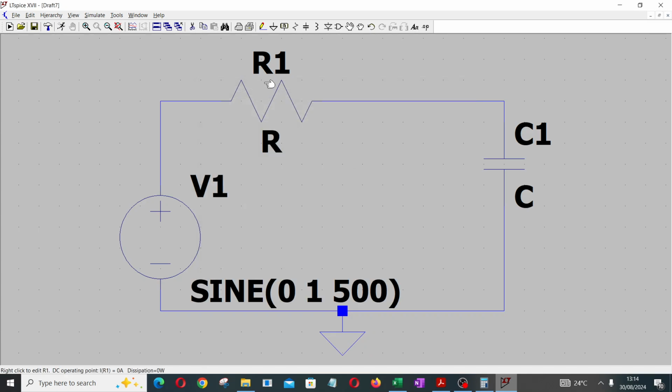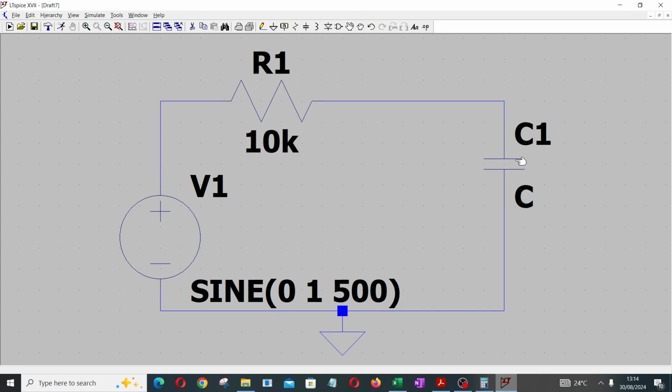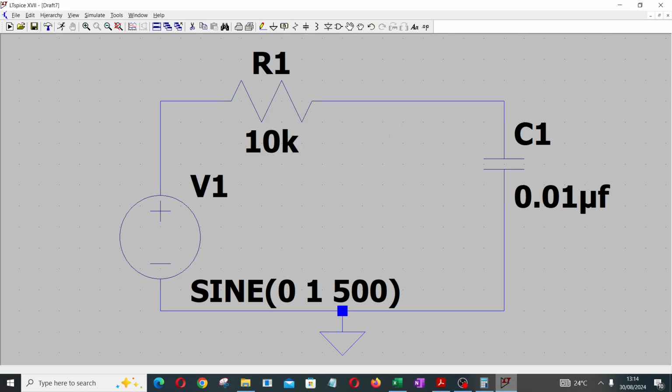Then the value of the resistance is 10 kilo ohms. So you put 10k, then the value of the capacitor is 0.01 uF, 0.01 microfarad. So you have set the values.